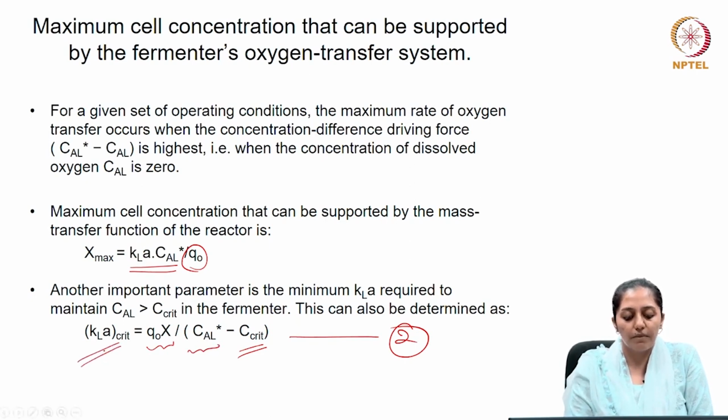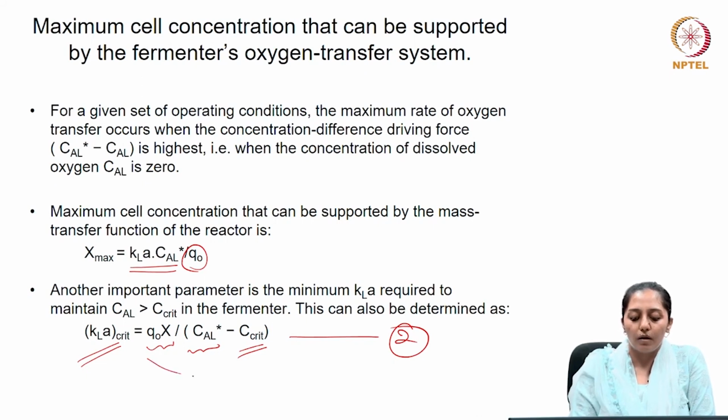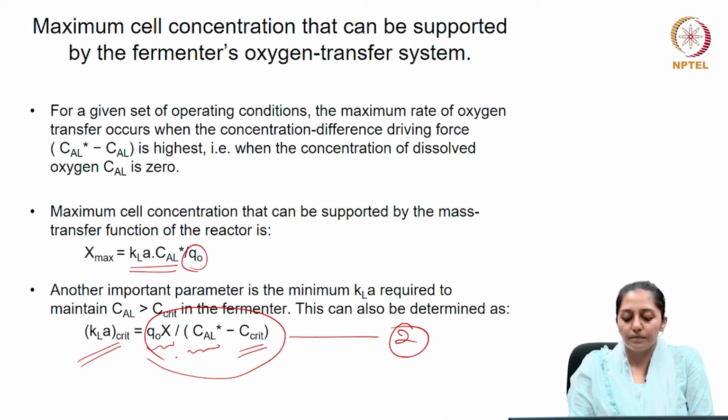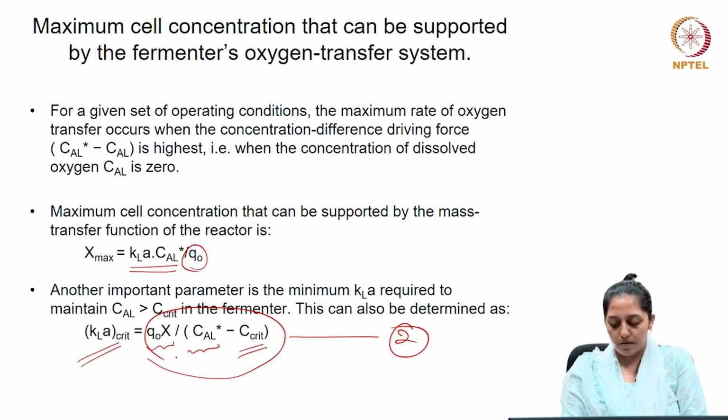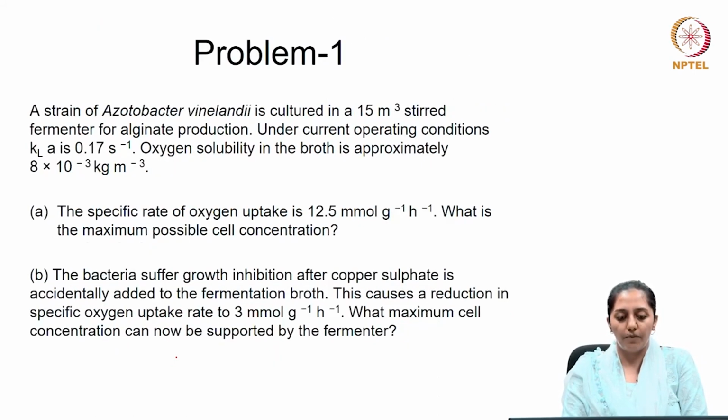So, this will be the critical KLA required for ensuring that the bulk oxygen concentration is always above C critical, given the value of biomass concentration.